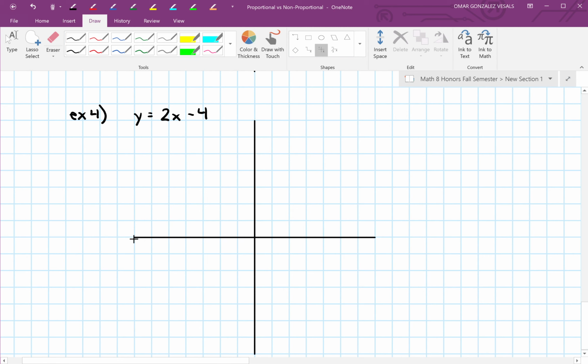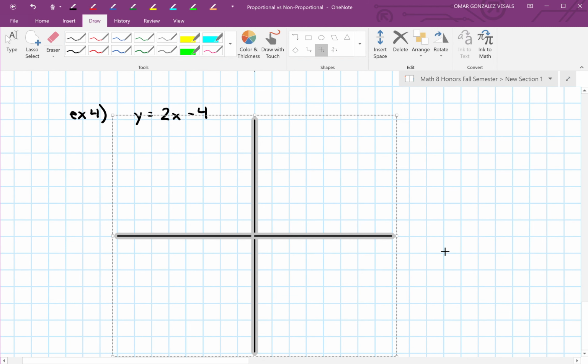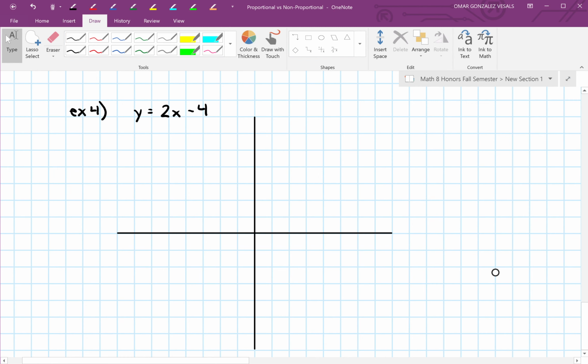Y-intercept is -4. Proportional would mean the y-intercept would be what? 0. So if I wanted to graph this, I start at what? 1, 2, 3, 4. And then what is my slope? So what do I do? I go up 2, and that's it?